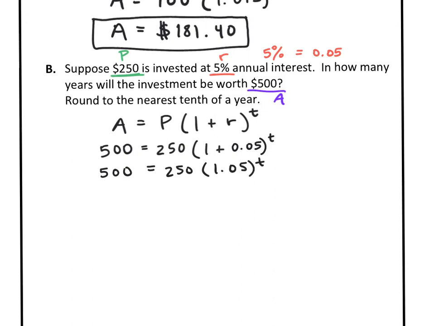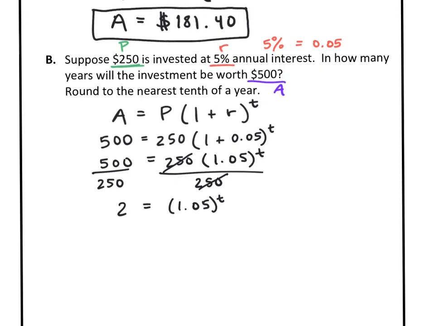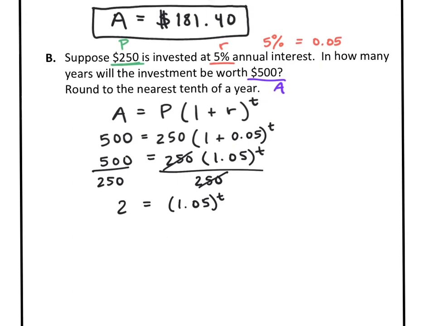Then I'm going to divide both sides by 250, kind of like example 6. We should notice that the 250s on the right will cancel. What's 500 divided by 250? It's 2 equals 1.05 to the power of t. Okay. Next, we're going to do similar to what we did to example 6.